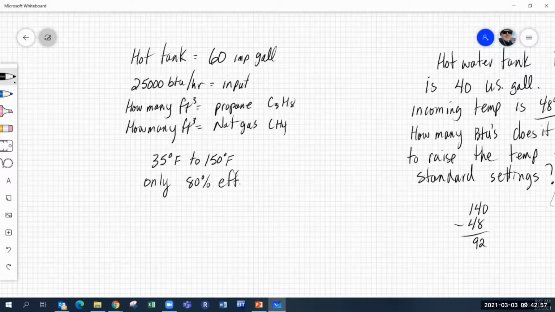So I want to know these two things. How many cubic feet of propane and how many cubic feet of natural gas with this information that you have. Put it in the chat when you have your numbers.